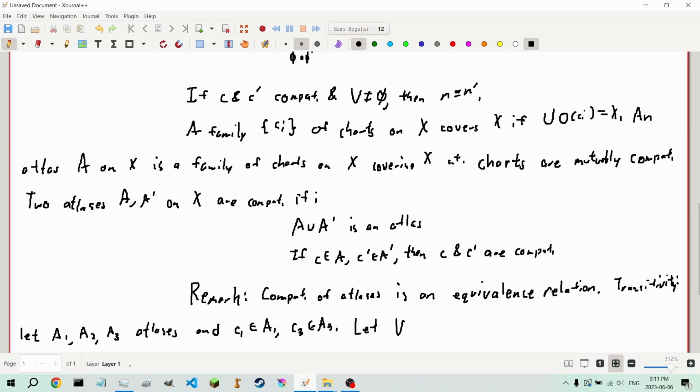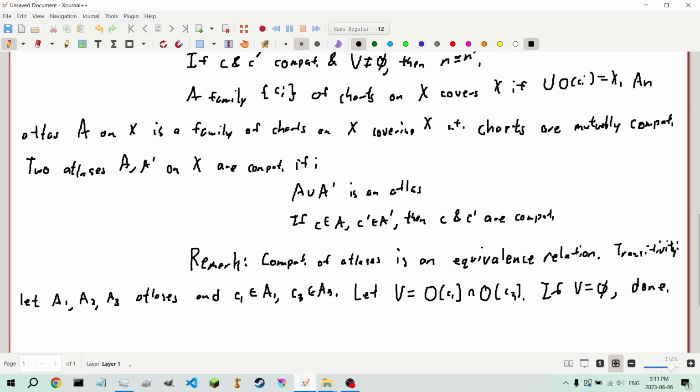Now we're going to let V be the intersection of their open sets. If the intersection is empty, then they are vacuously compatible by default.